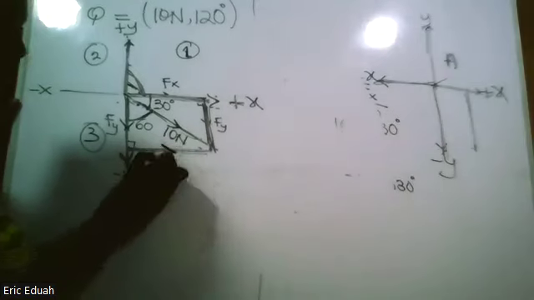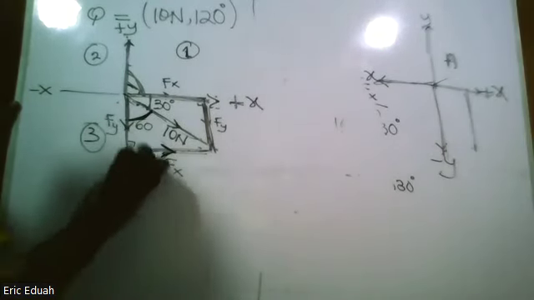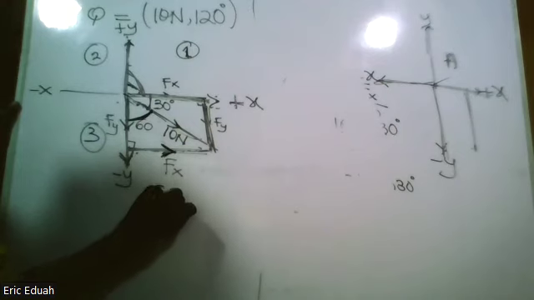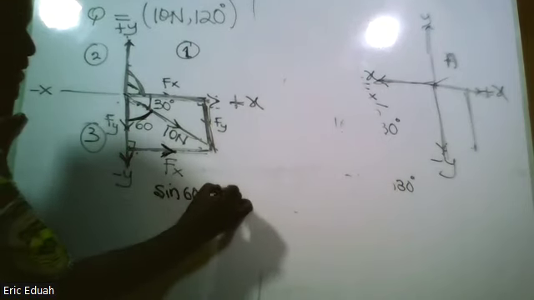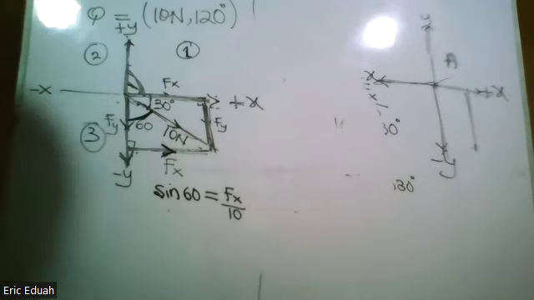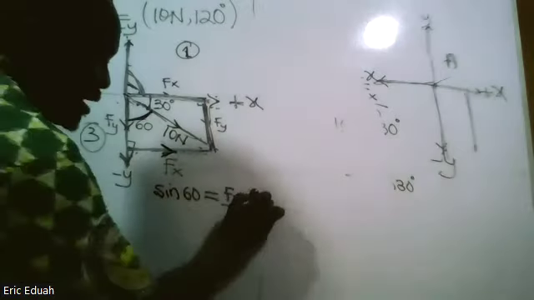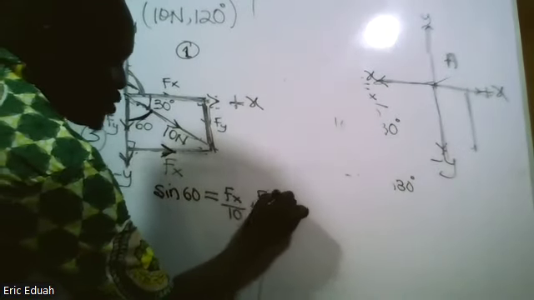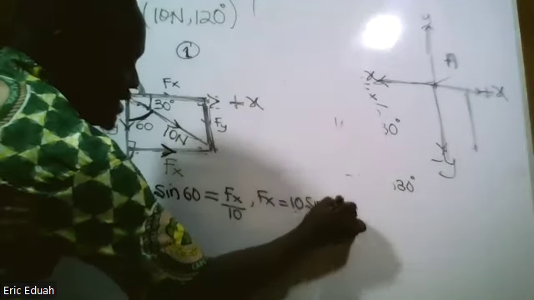So if this is the order, if I need Fx, once this angle is opposite to it, I'll take sine of the angle 60, and it is equal to Fx over 10, the hypotenuse. Fx is equal to 10 sine 60.